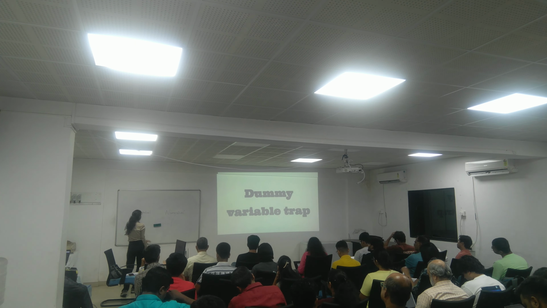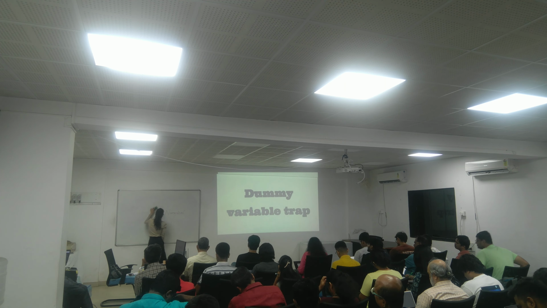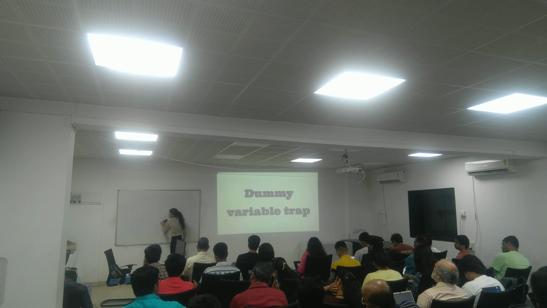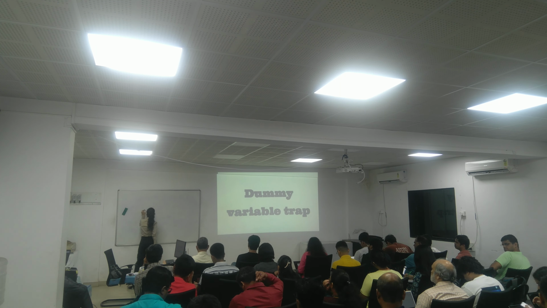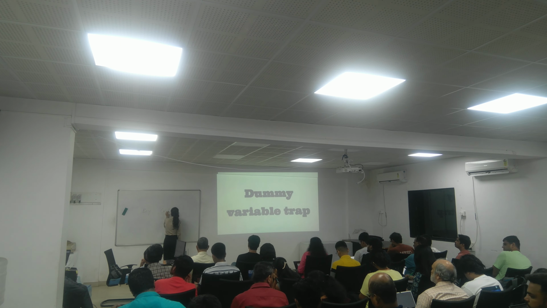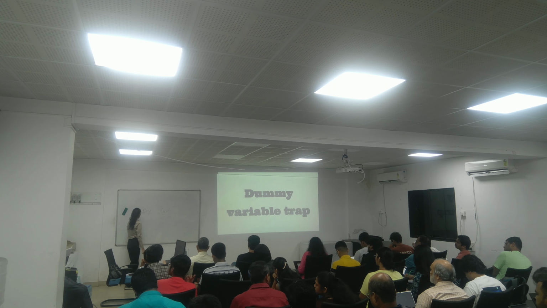But in case of categorical data, we come across a dummy variable trap. So what is it? Imagine I write in front of you, boy. So these are the two types of categorical data that I have.